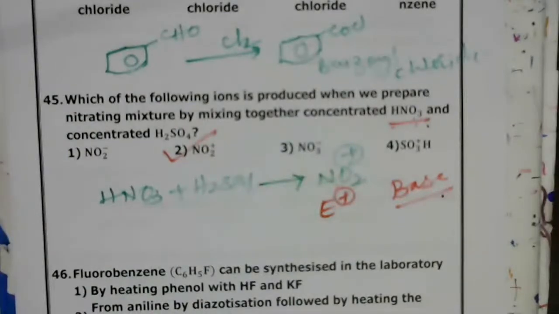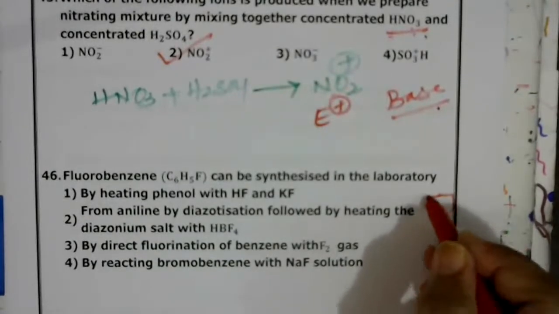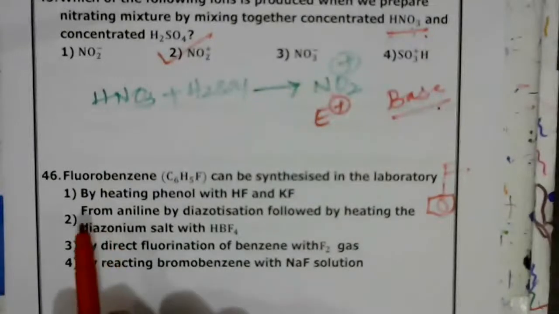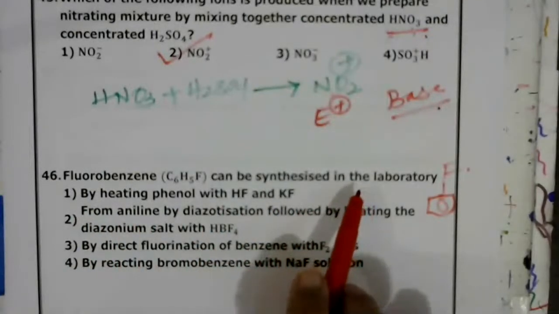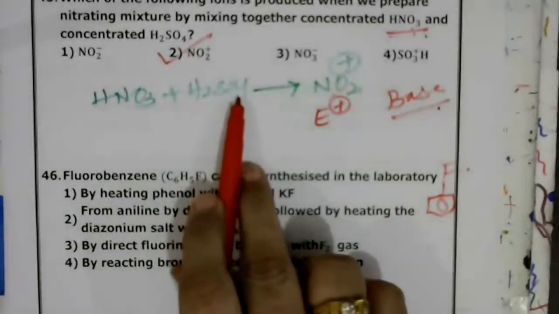Question number 46. Fluorobenzene. What is fluorobenzene? Tell me. Fluorobenzene can be synthesized. Yes, H2SO4 is an acid, HNO3 is a base in the above question.